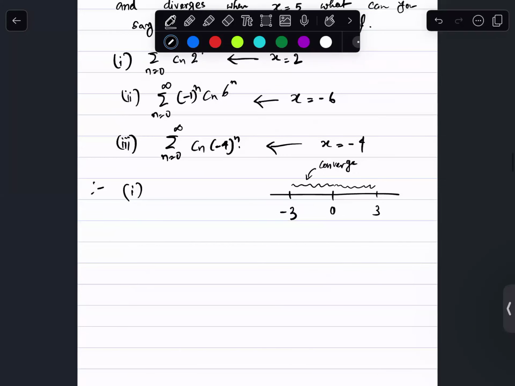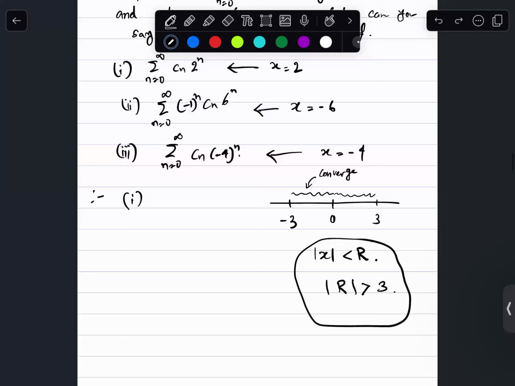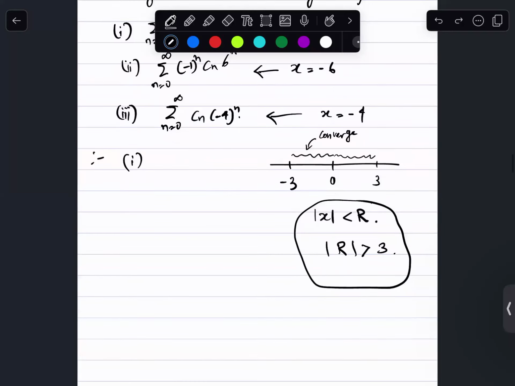So how do I get the +3 here? Because I know that modulus of x should be less than R, and I know that R is at least bigger than 3, right? This information I get from this -3. This is a little bit of a subtle point, so try to think about it.